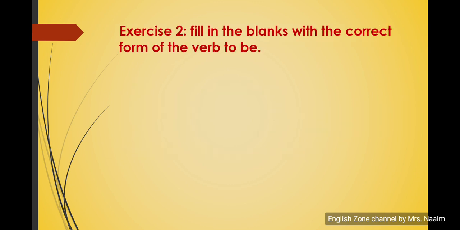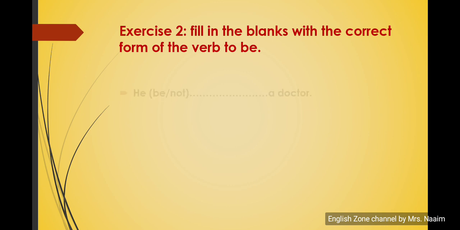Now let's move to the second exercise. Okay, so in the second exercise you are required to fill in the blanks with the correct form of the verb to be. وهنا في هذا التمرين أنتم مطالبون بملء الفراغات بالصيغة الصحيحة لفعل الكينونة verb to be.